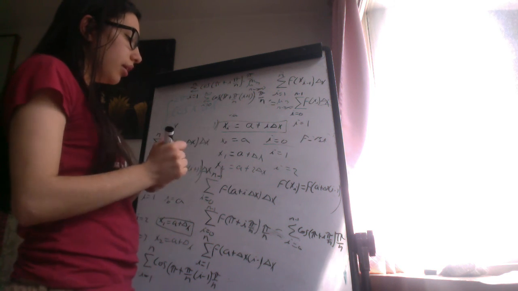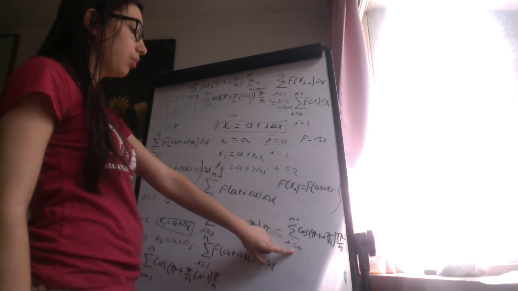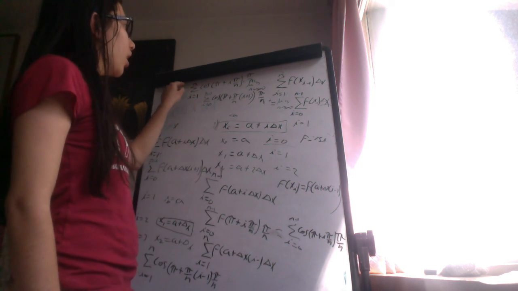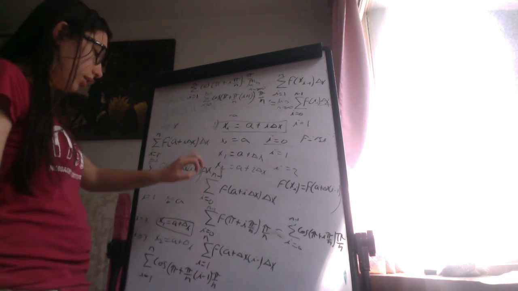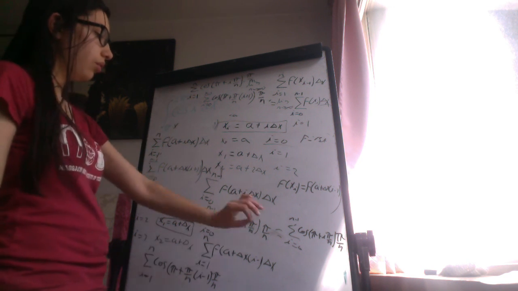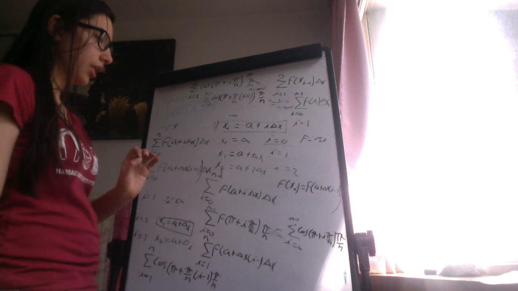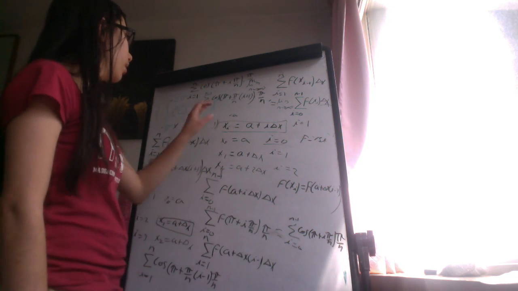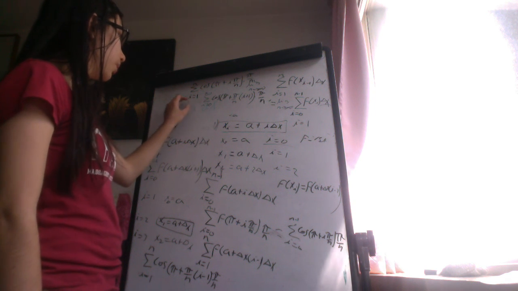But here the summation goes from i equals 0 to n minus 1, and here the summation goes from i equals 1 to n. And this is the traditional way for each one. The traditional way for the left is when we begin from i equals 0 to n minus 1, and for the right is when we begin from i equals 1 to n.